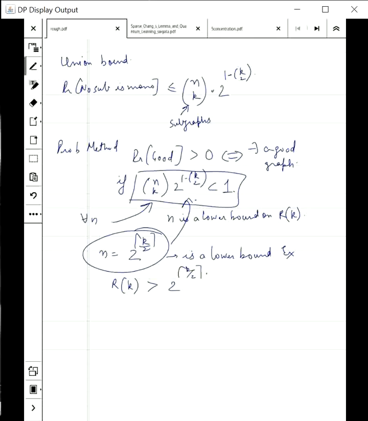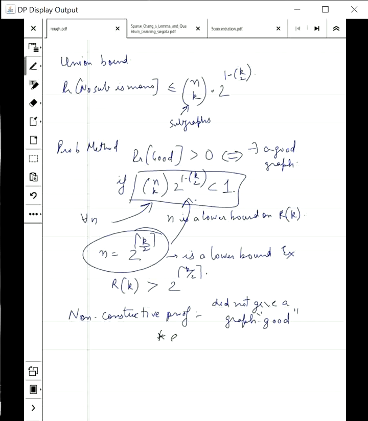A small point here: the proof is called a non-constructive proof, in the sense that we did not give a graph which was good. We just showed existence.